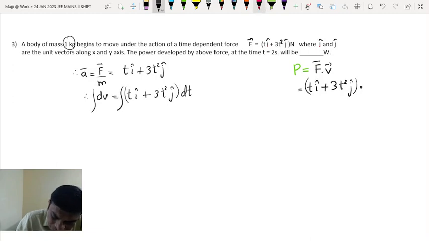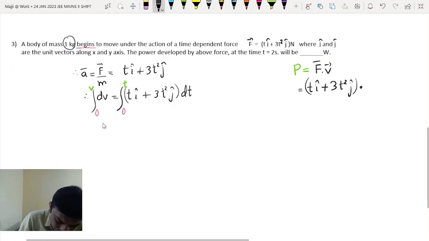Now unless otherwise mentioned, we'll assume the initial parameters to be 0, that is initial velocity is 0 because it is given that it begins to move. Also initial time can be taken as 0. Now coming to the end, velocity is v, and right now the time is t.